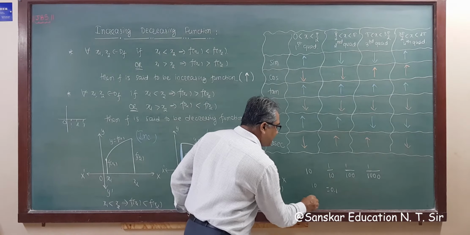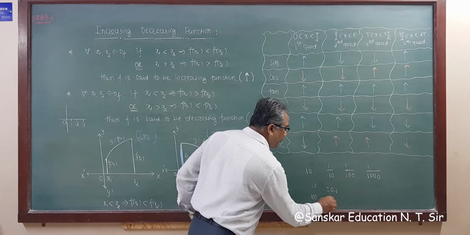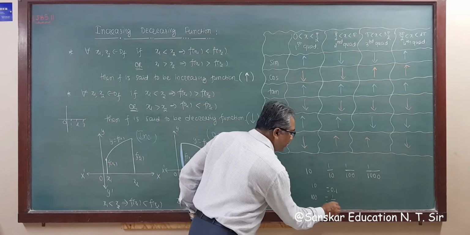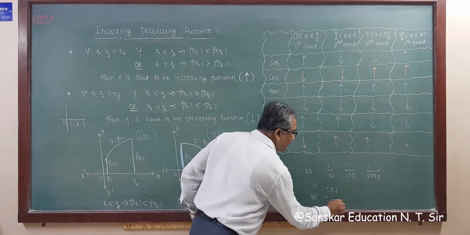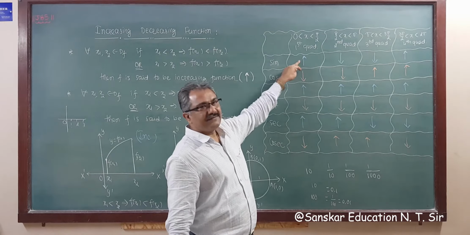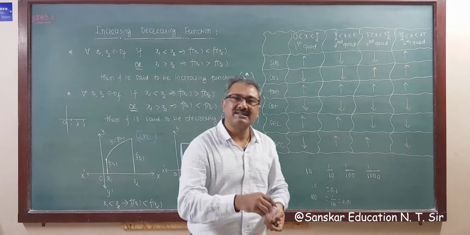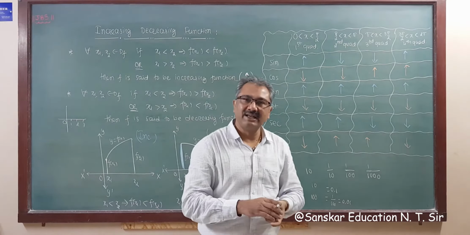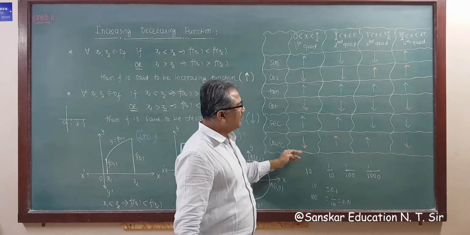Now I am taking sine as 100, then 1 upon 100 is 0.01, so as this is increasing, 1 upon it is decreasing, right? So if a function is increasing, then its reciprocal is always decreasing. If the reciprocal is decreasing, then the function is increasing, right? So using this you have to work it out.